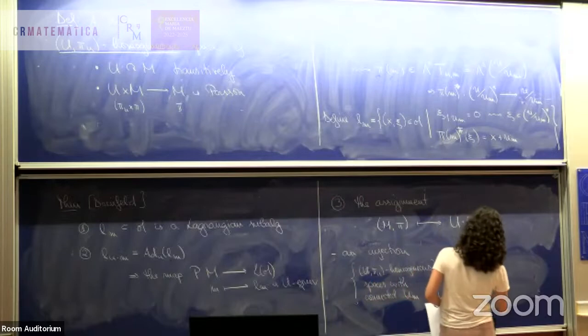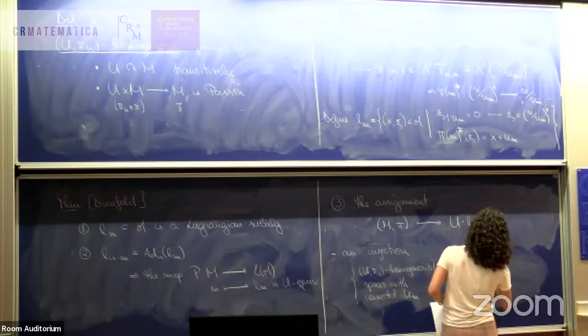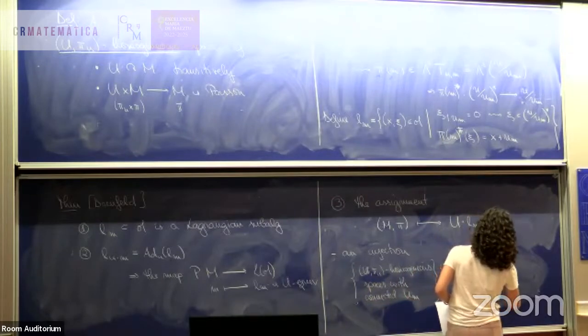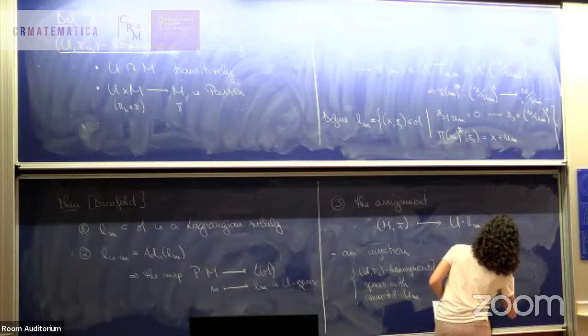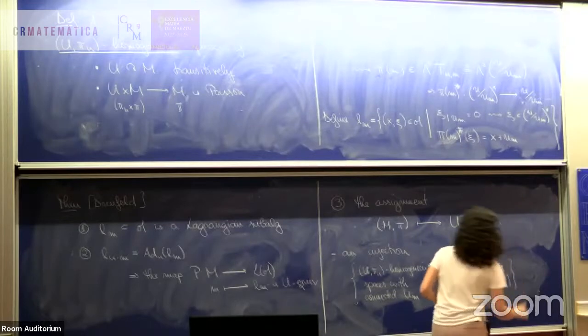And to each such Poisson homogeneous space, I associate a U orbit on the variety of Lagrangian subalgebras of D.